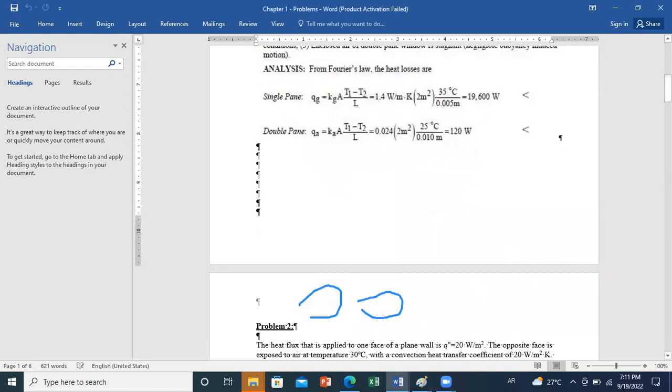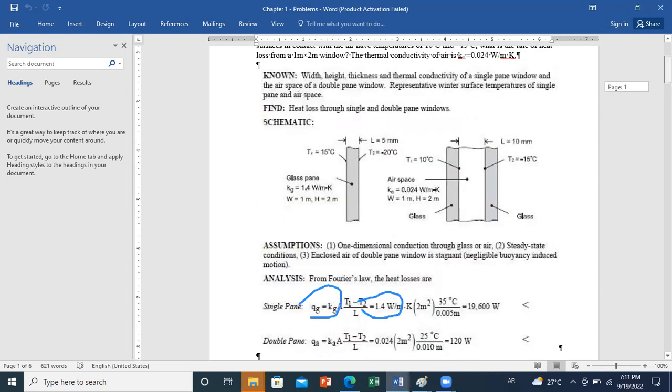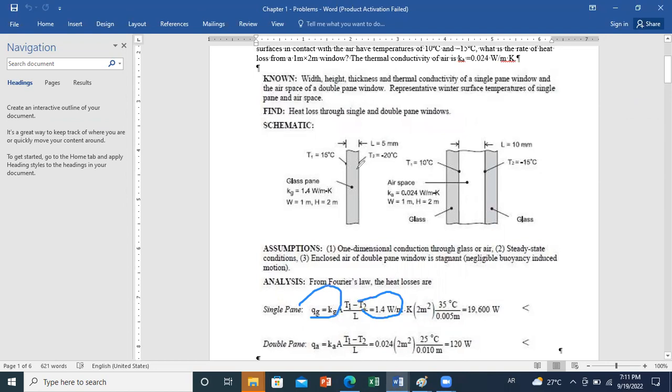We get that when we use single glazing, in absolute value, the heat loss is 19,600 watt, which is very large. It will take place in this direction, of course from the highest temperature to the lowest one.